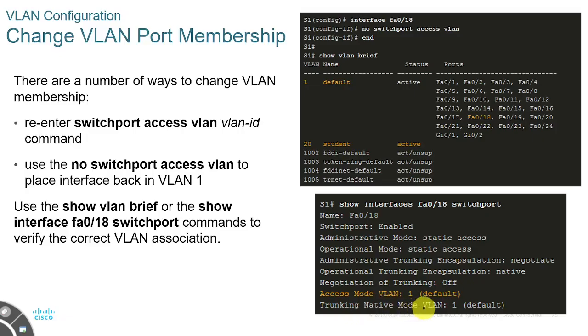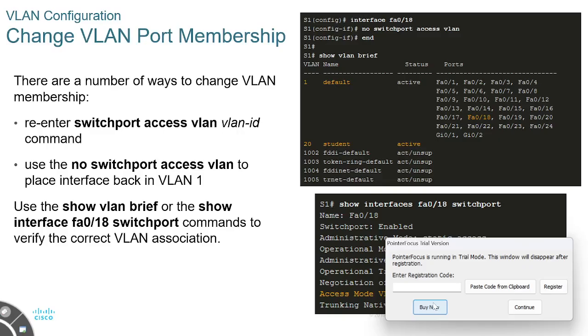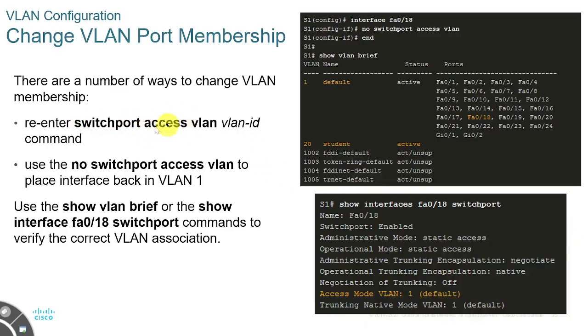Trunking native mode VLAN 1. So they are equal in this case, right? So this is very important. To remove the port from a VLAN, you just need no switchport access vlan. That's it.